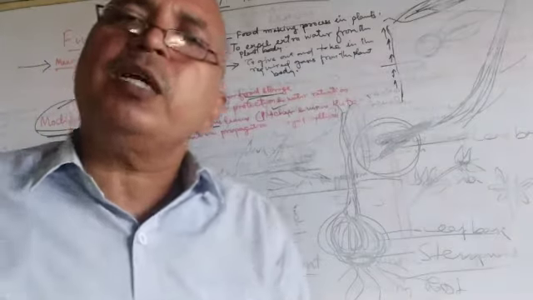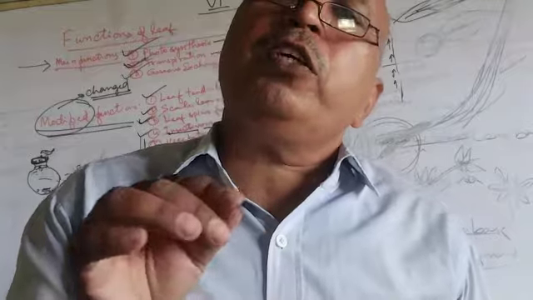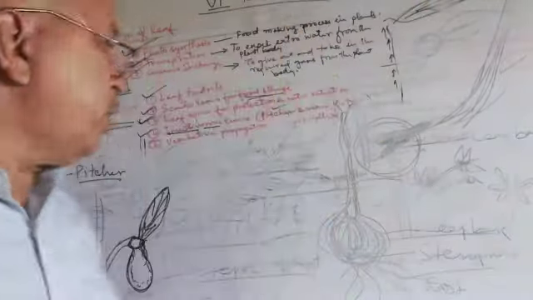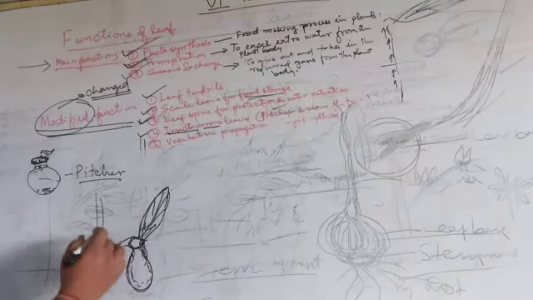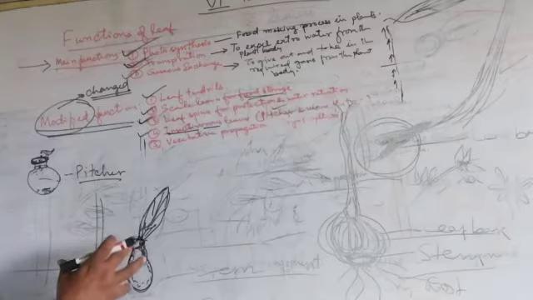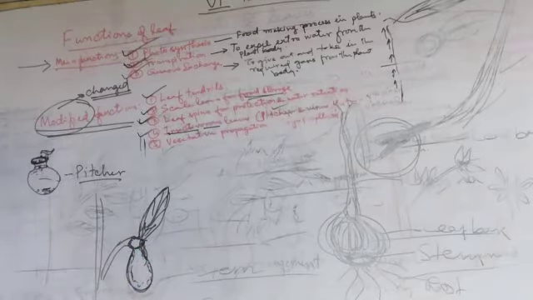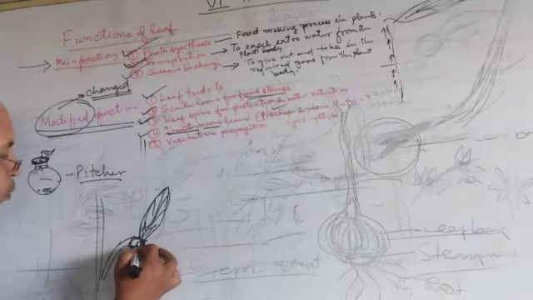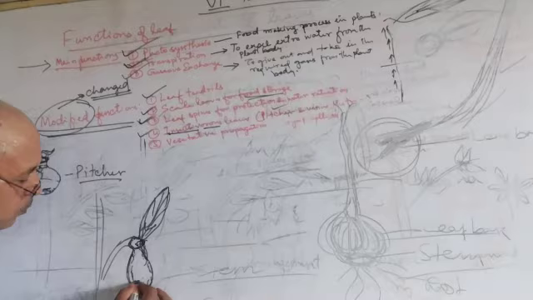Slippery means gel-like, right? If an insect happens to sit there, it will slip down to the bottom. This is a very attractive structure. Flying insects get attracted towards this, thinking it has a flower or something. As soon as the insect sits here, it falls down inside this pitcher.